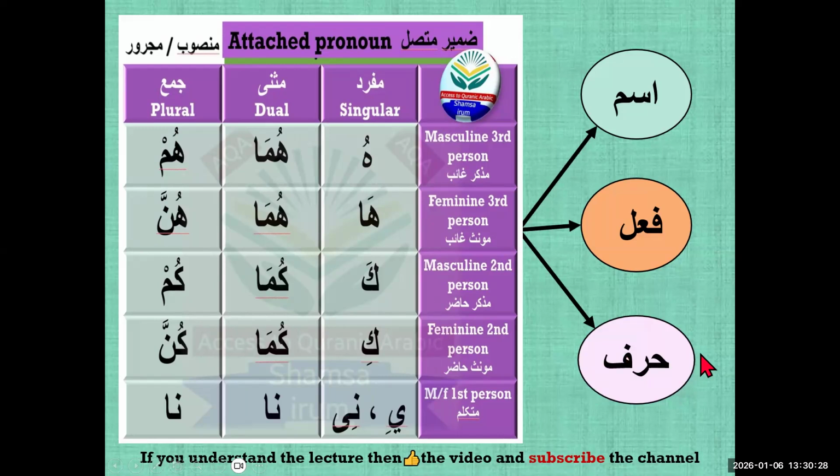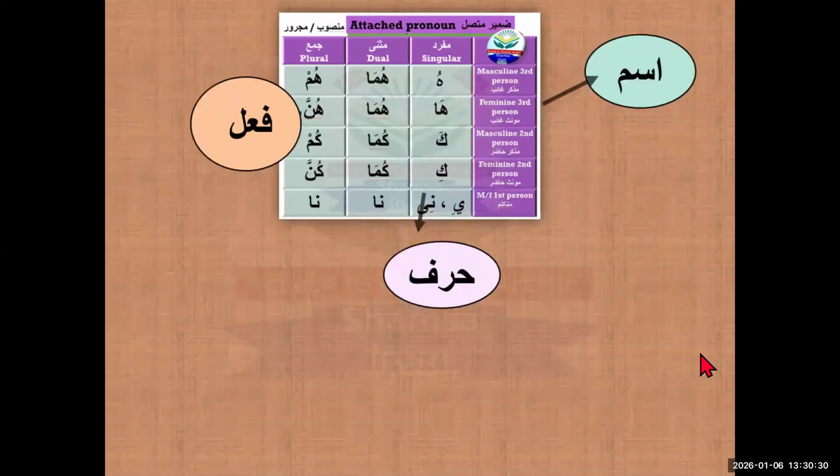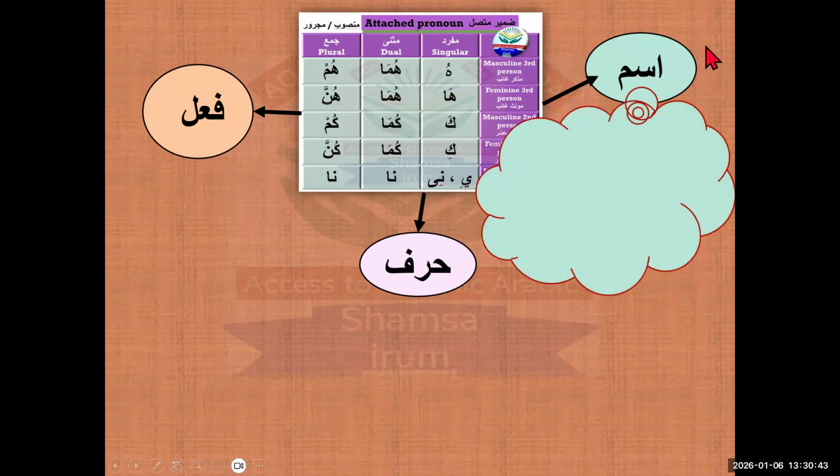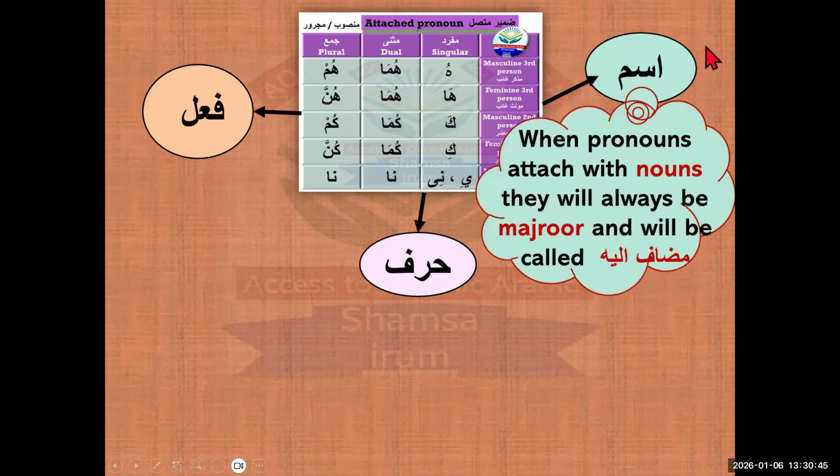Now move to the next slide. Again, I squeeze it smaller because I want to show you more details. When these pronouns attach with a noun, they will be the murakkab izafi.